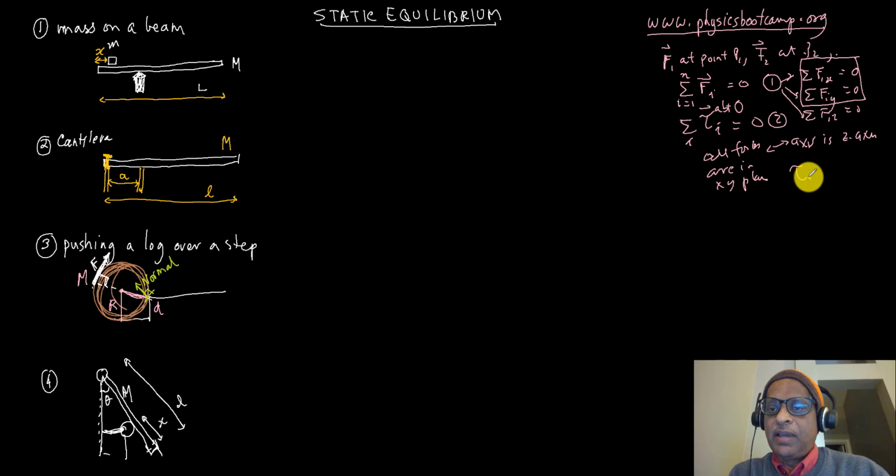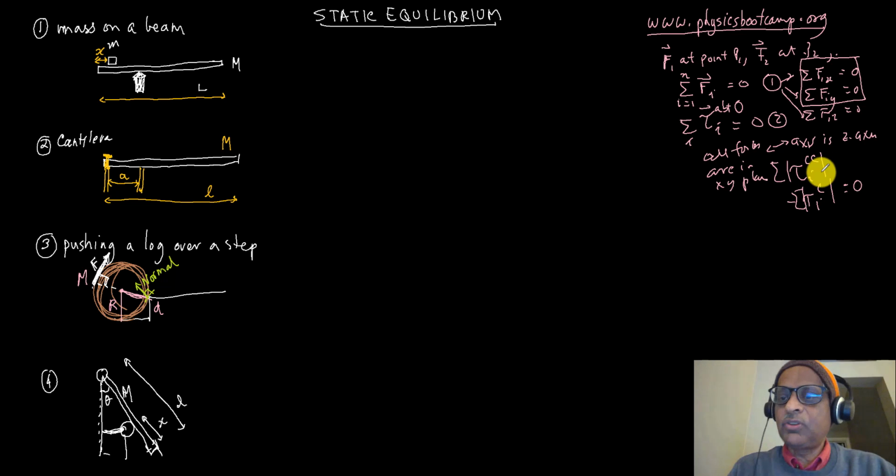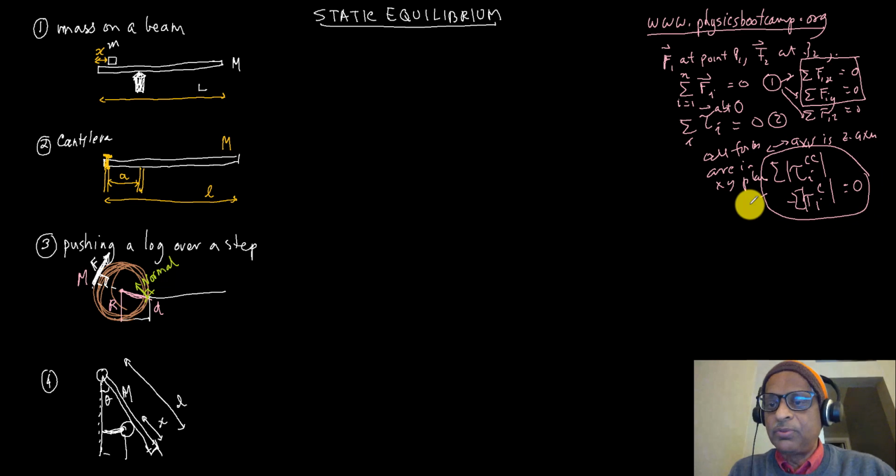Then the sum of the counterclockwise torques minus the sum of the clockwise torques will be equal to 0. So counterclockwise and clockwise torques should balance each other out. And this turns out to be very powerful, maybe the most powerful, for solving problems.